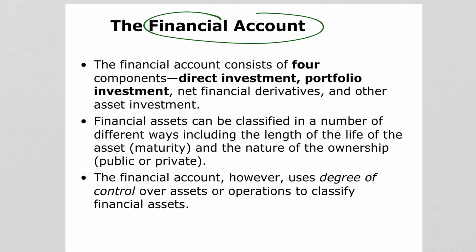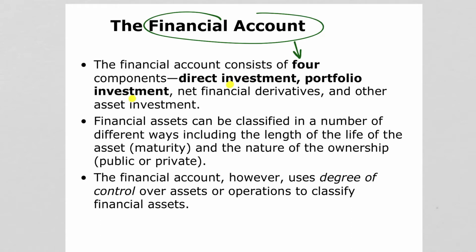This financial account can be subdivided into 4 different components: direct investment, portfolio investment, net financial derivatives, and other. Of these 4, the most important are going to be these 2, direct investment and portfolio investment.